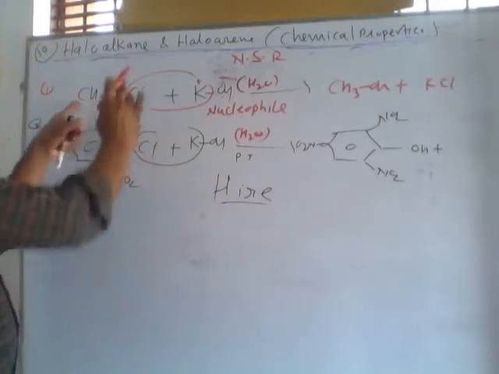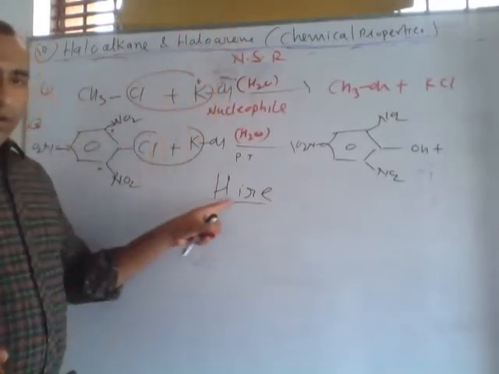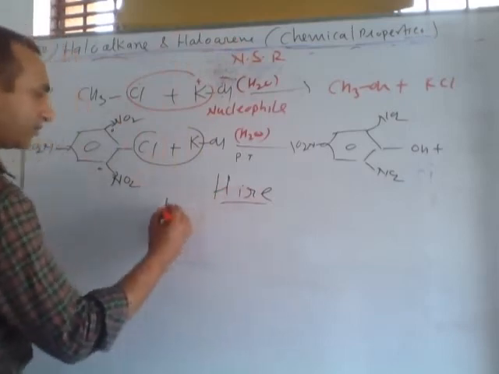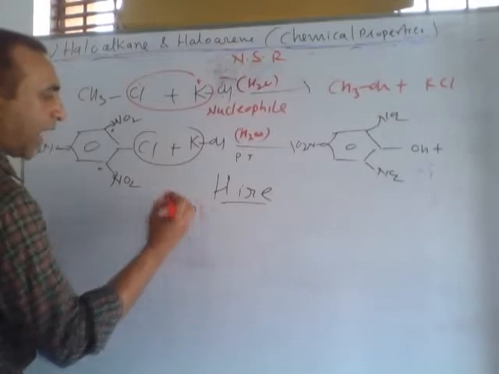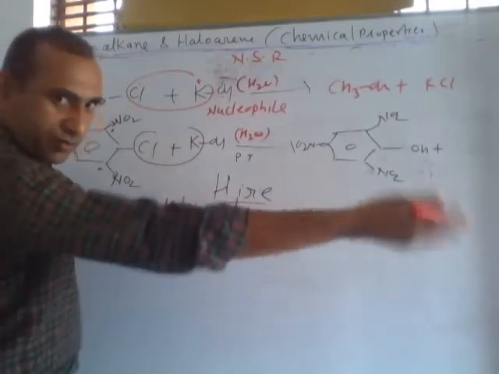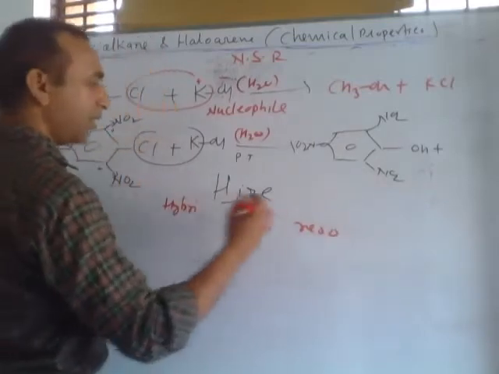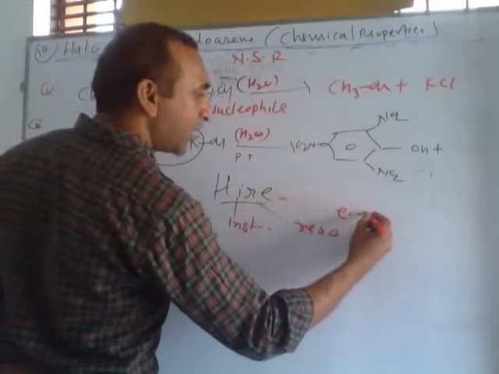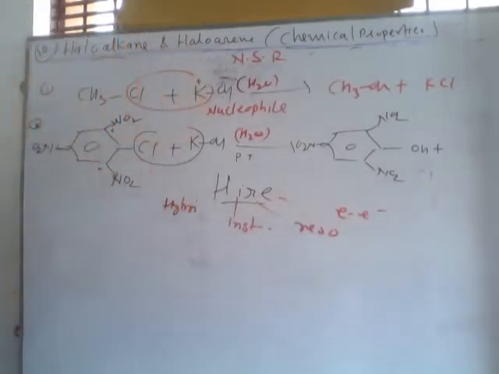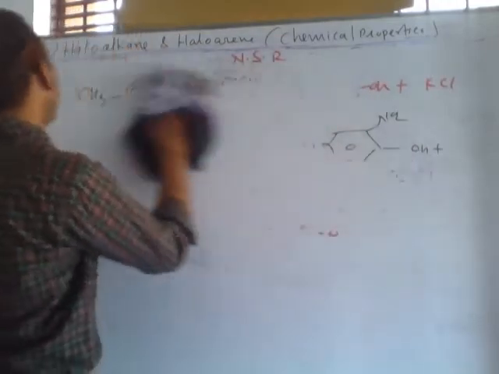Otherwise we can say haloalkanes are more reactive than haloarenes with NSR. The reasons are 4, HIRE. H means hybridization, I means instability of product, R means resonance in ring, and last E means electron repulsion. So listen, these are the points in detail.